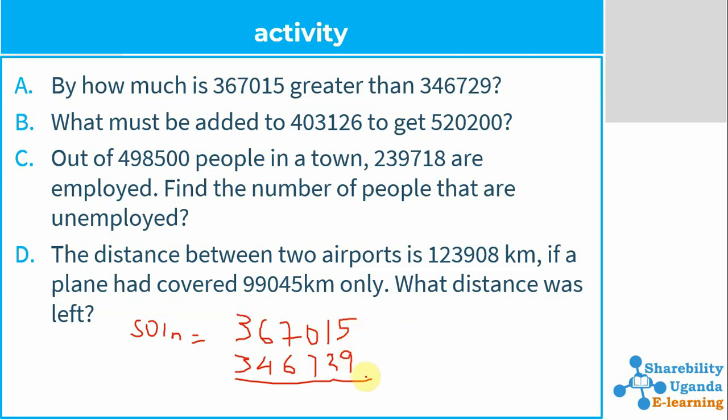When you make subtraction of this, we have 5 minus 9. When we say 5 minus 9, it is impossible. So what we have to do is to borrow 1 from here and bring it here. When you add it here, it becomes 15. When you borrow 1 from here, this is going to be 0.